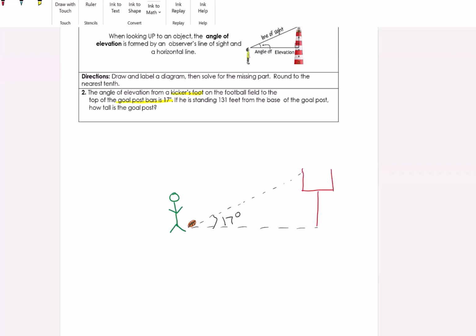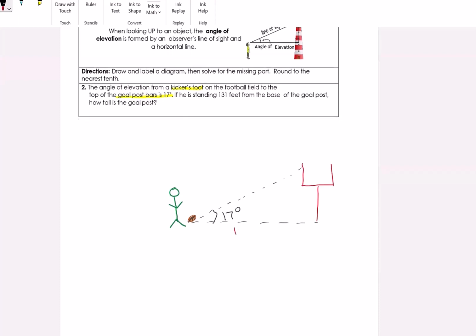If he is standing 131 feet from the base of the goalpost, that's 131 feet. How tall is the goalpost? What we're trying to find is this height.